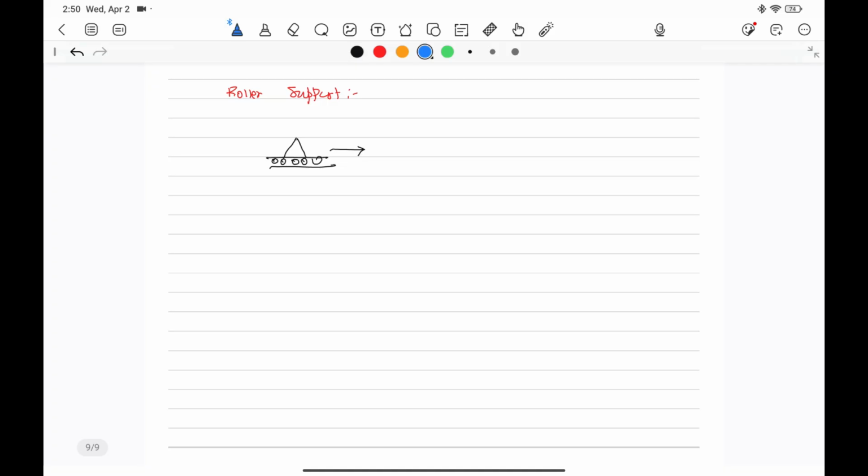And rotation also we are not restricting. M is equal to 0, we are not restricting. Rx is equal to 0 because we are not restricting. Only restriction we have is we are not allowing it to move in the vertical direction. Only one reaction required.